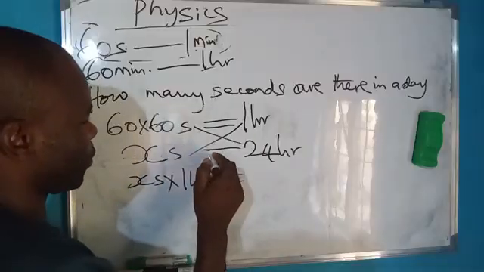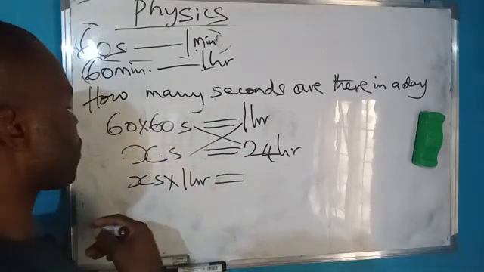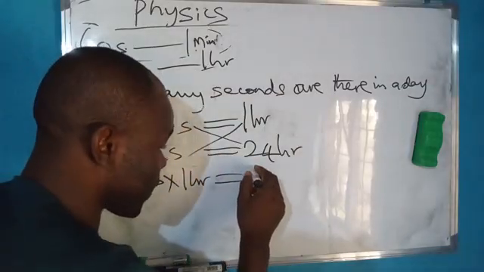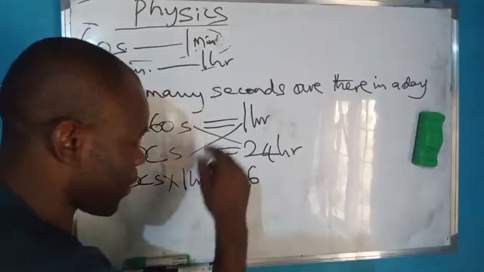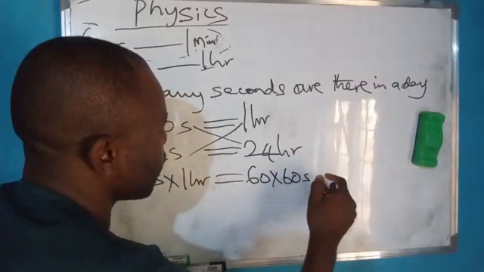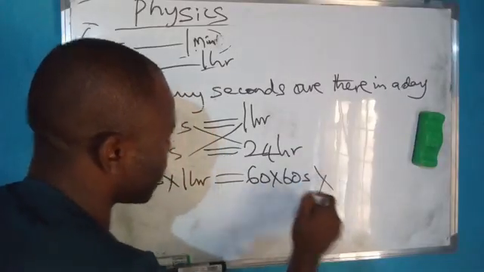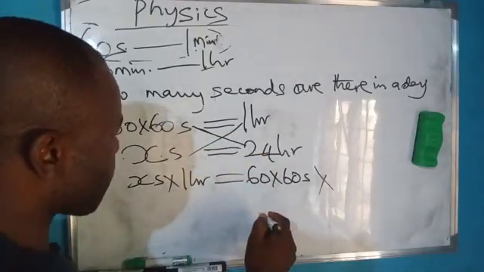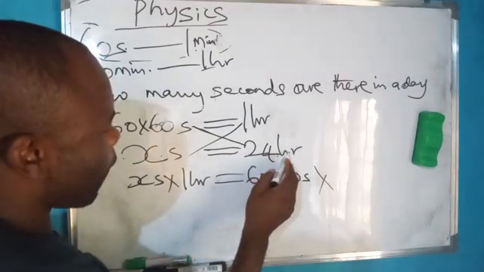60 times 60 seconds, which is that 60 minutes, right? That gives us 1 hour. 60 times 60 seconds times, which is this cross multiplication, this times is this one, okay? 24 hours.